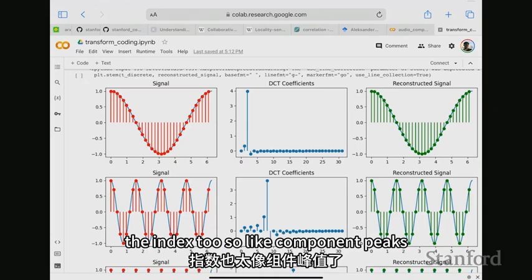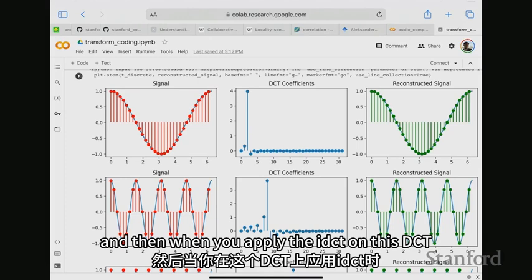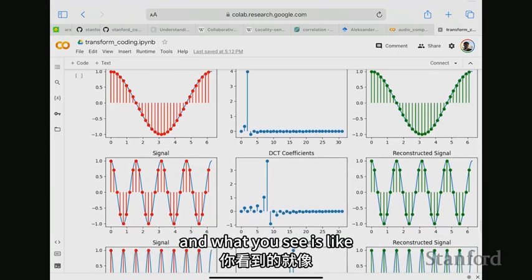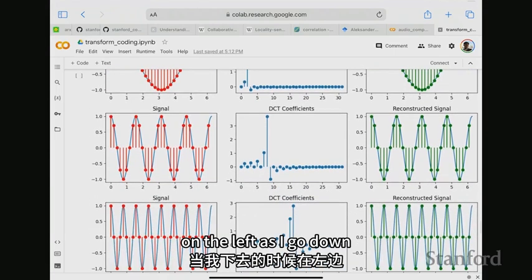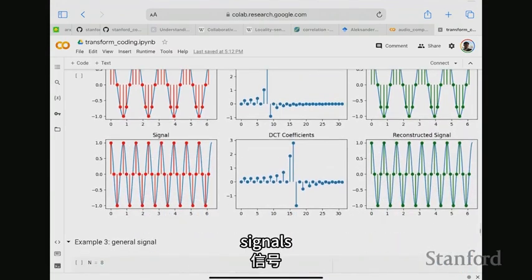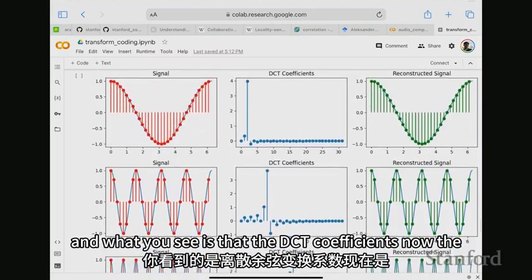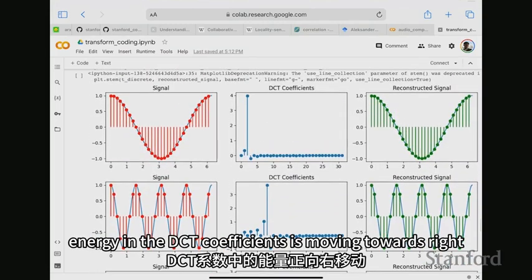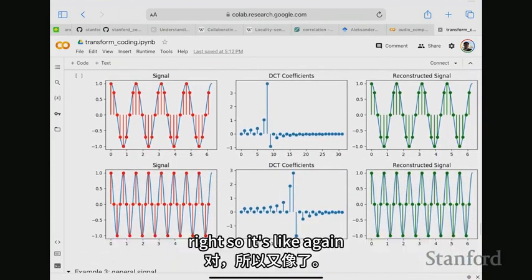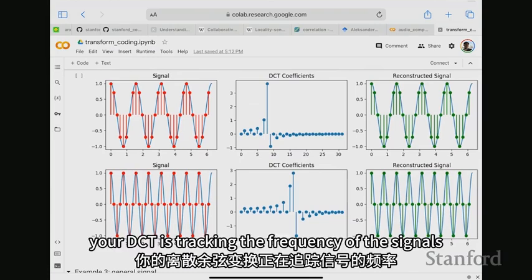Then when you apply the IDCT on this DCT, you recover the original signal. As I go down on the left, I keep increasing the frequency of my signals, and you see that the energy in the DCT coefficients is moving towards the right.